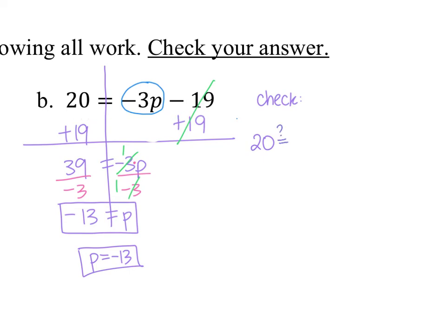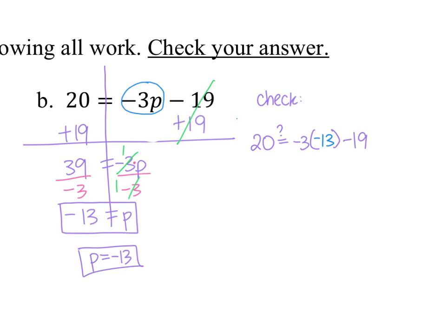So 20, is that really equal to negative 3 times our p? So I'm going to put this in parentheses, which I'm saying negative 13 is the answer, minus 19. So is 20 really equal to negative 3 times negative 13 minus 19? Because that's what my question was. 20 is equal to negative 3 times what number minus 19? So we're saying that number is negative 13.